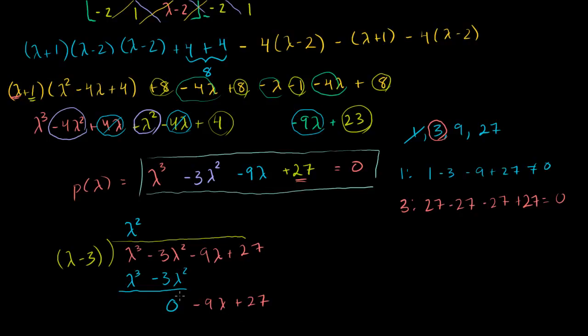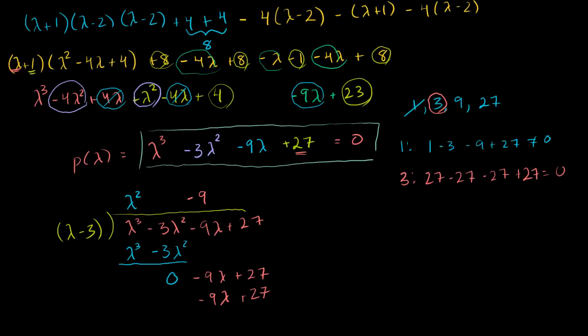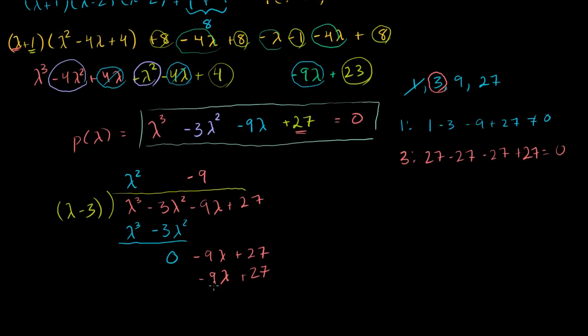And so lambda minus 3 goes into this. Well, lambda minus 3 goes into minus 9 lambda minus 9 times. So I'll just write minus 9 up here. Minus 9 times lambda minus 3 is minus 9 lambda plus 27. So it went in very nicely. So you get to 0.